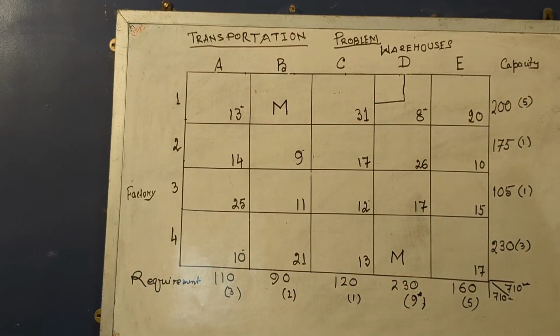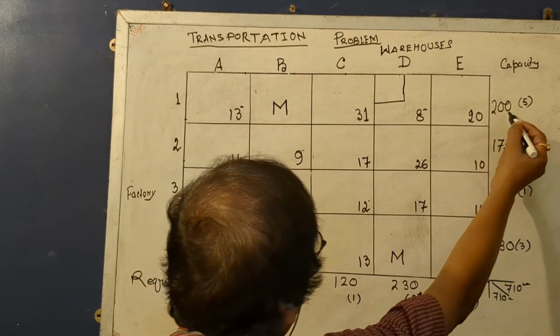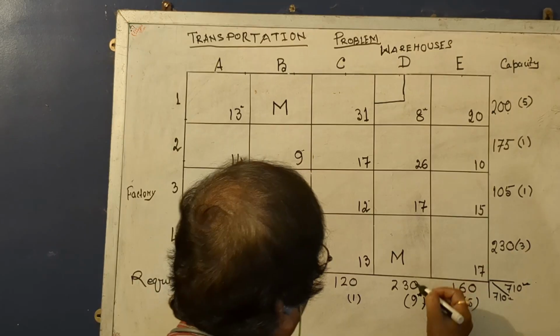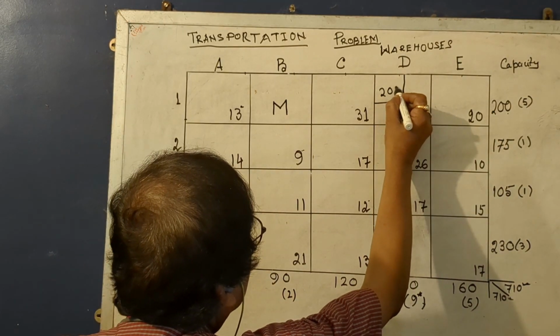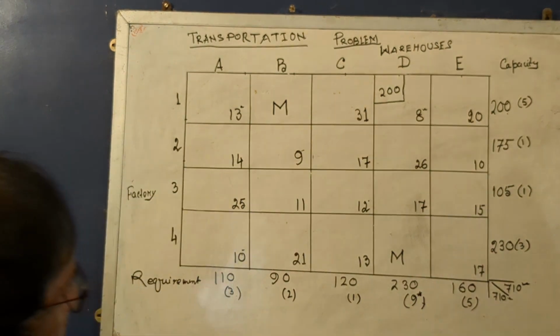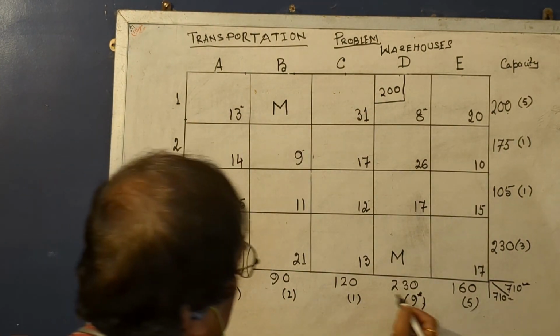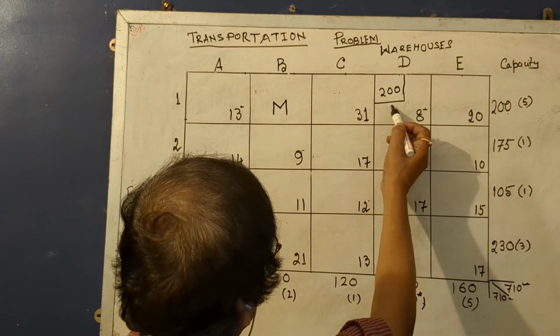The allocation rule is same as northwest corner rule, matrix minimum method, column minimum method, like that. So the minimum of this will be the allocated amount, that is 200. Out of 200 and 230, you have to put the lowest one, because you can maximum send the lowest one.